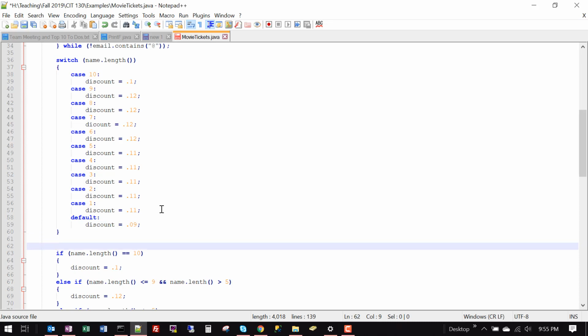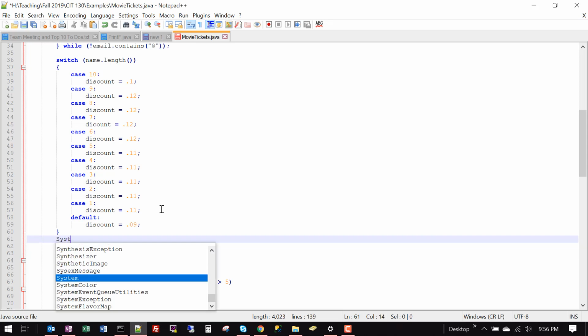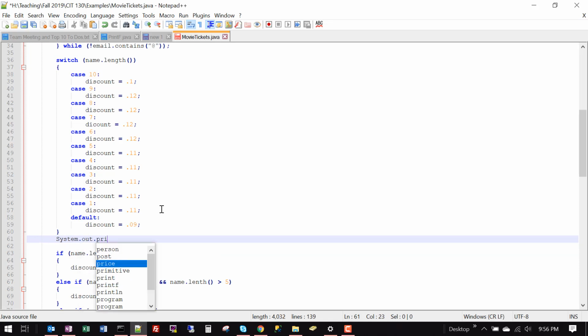And just so we can see what this produced, we're going to add in a system.out.println. Sorry, I don't want to do a print line.